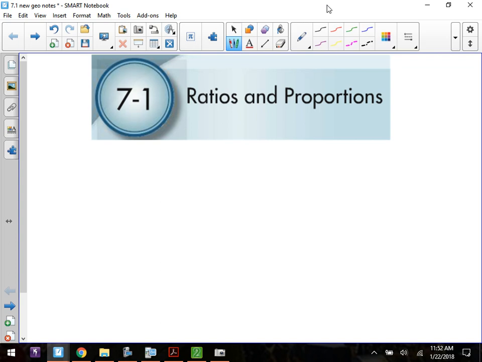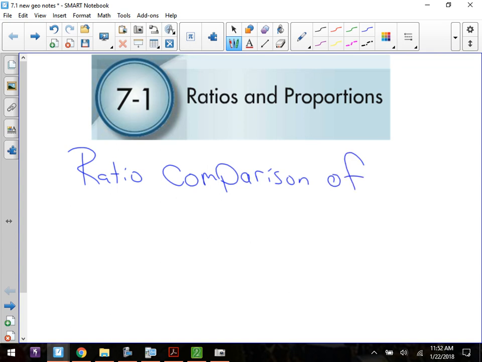So a ratio is nothing more than a comparison of two things by division.